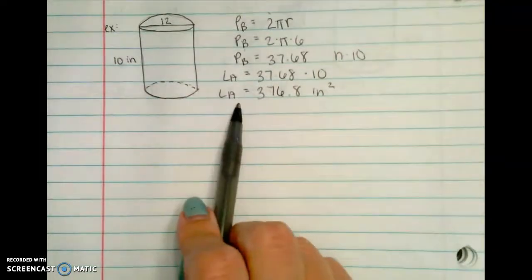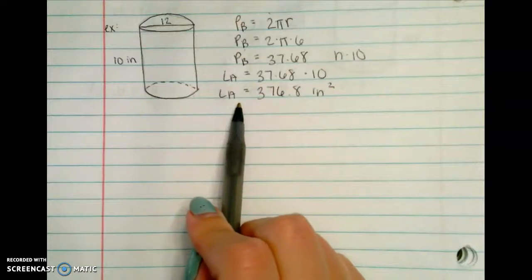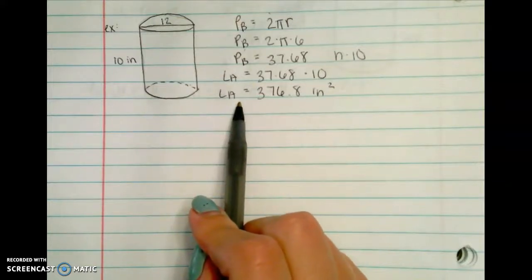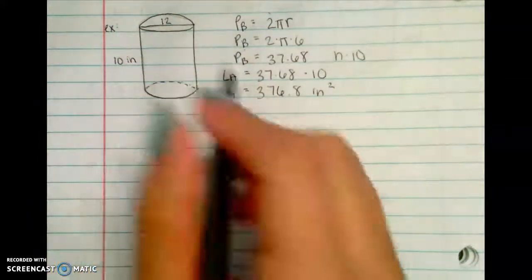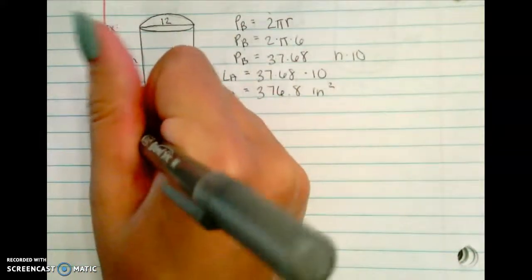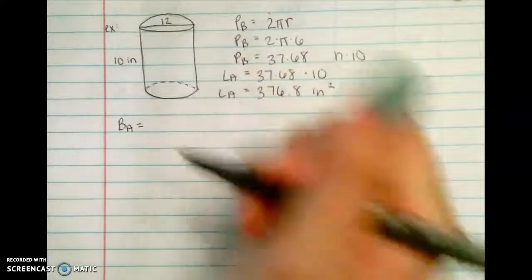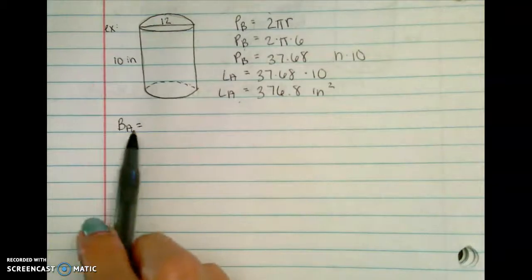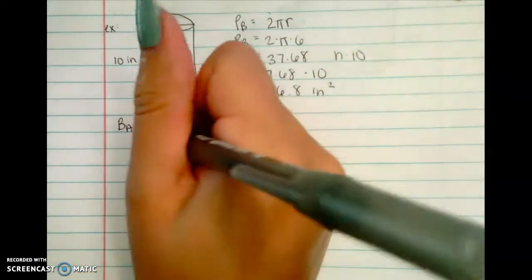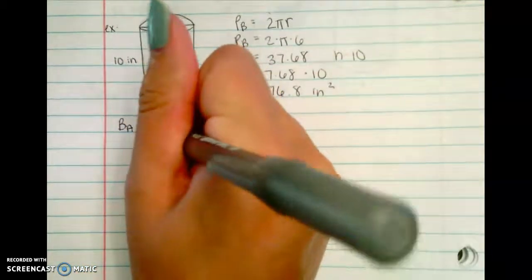So we found the lateral area. Now we need to find the surface area. The last thing we need for the surface area formula is the area of the base. Again, for circles, the area of the base is calculated by pi r squared.